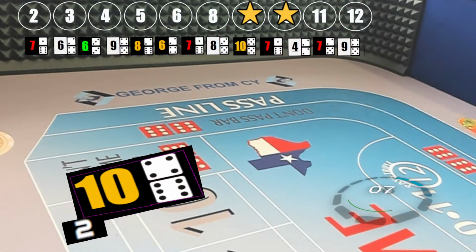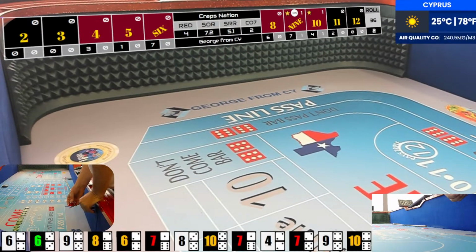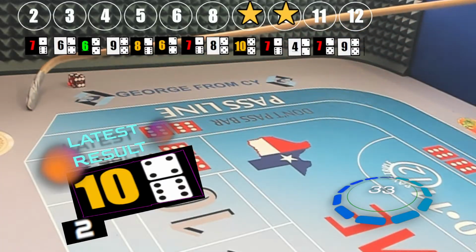Dice out 6, 5, 6, 5. 5, 1, 6. That was axis. I did not like that landing at all.